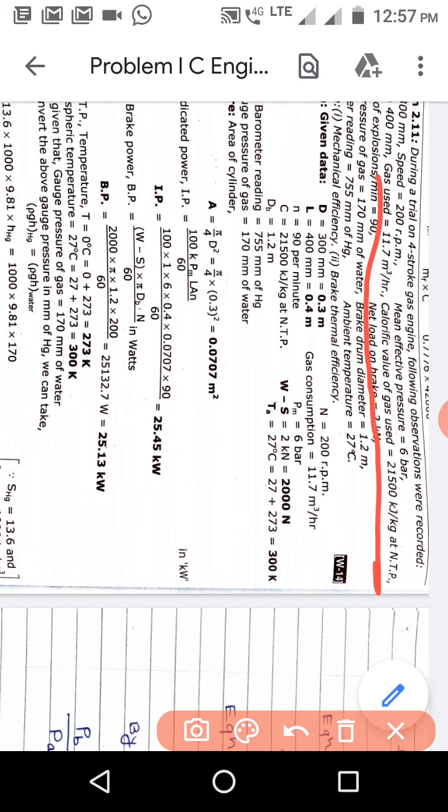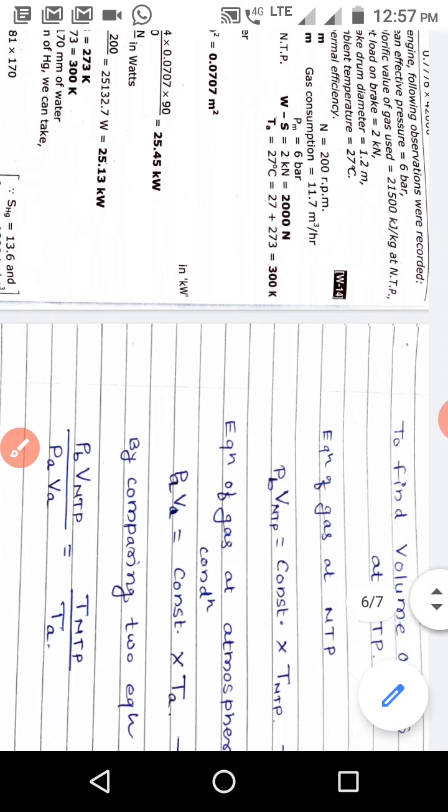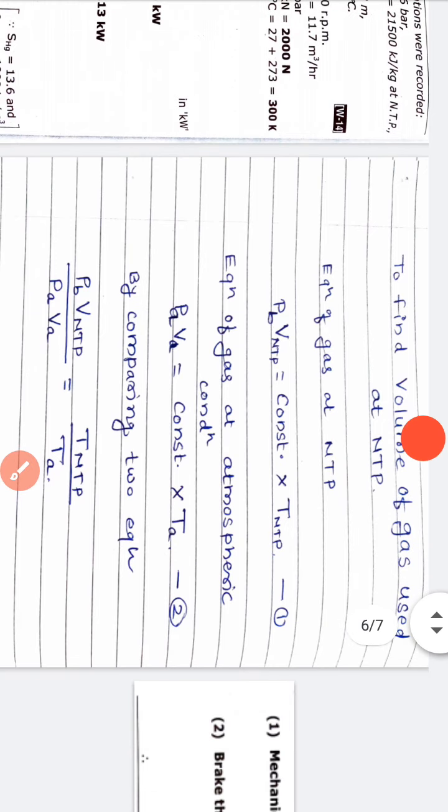As it is given at NTP condition, we will convert the gas used from real condition to NTP condition. For that we will use these two equations to find the volume of gas used at NTP.